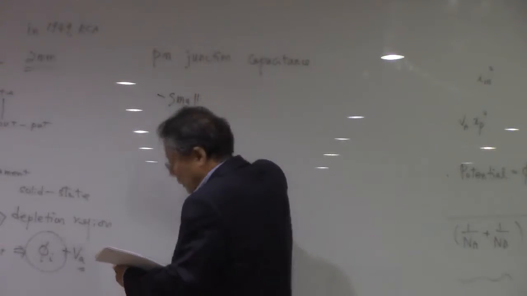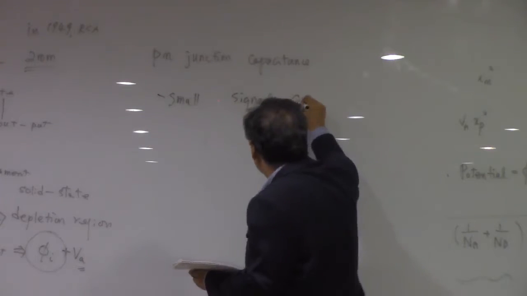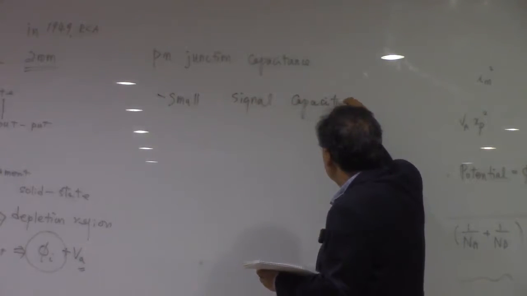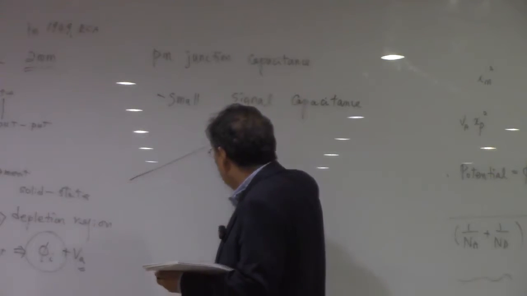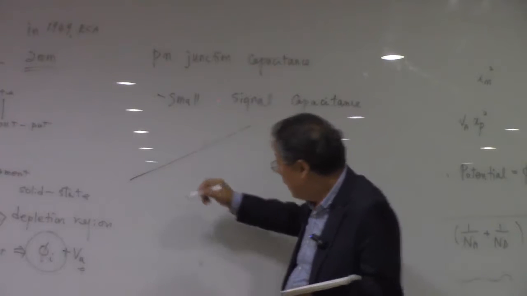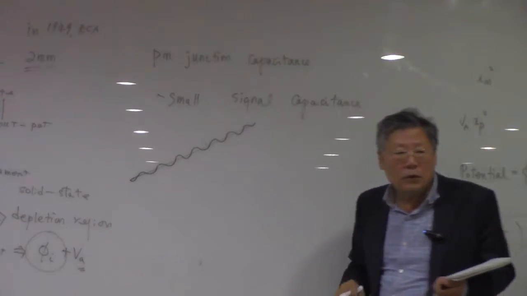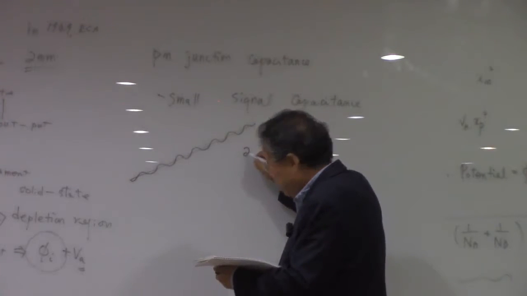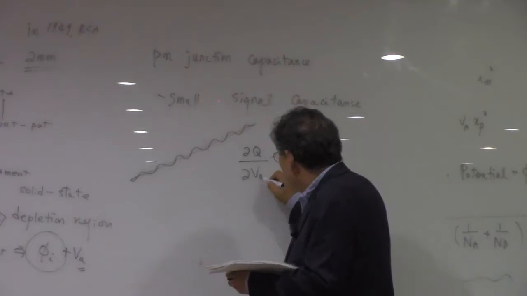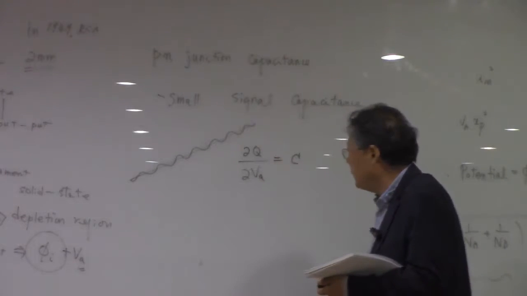So in a small signal case, we are going to think about the small signal capacitance. Small signal capacitance means we apply a low DC bias, and then for the measurements we superimpose the AC characteristic to get a charge difference. And this is the capacitance, okay?